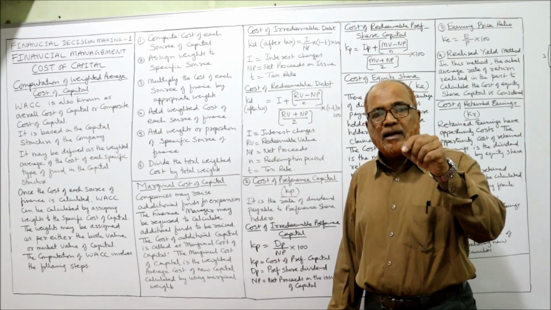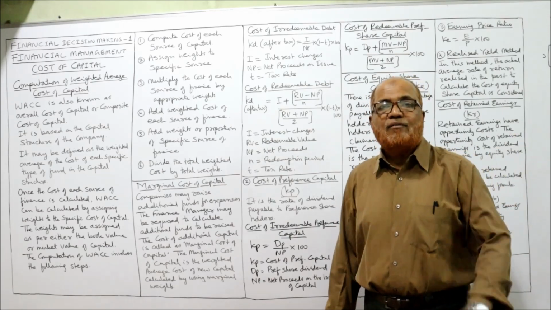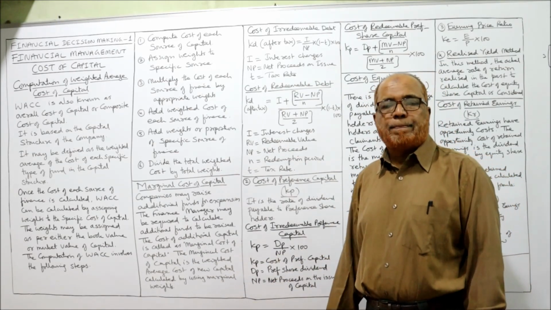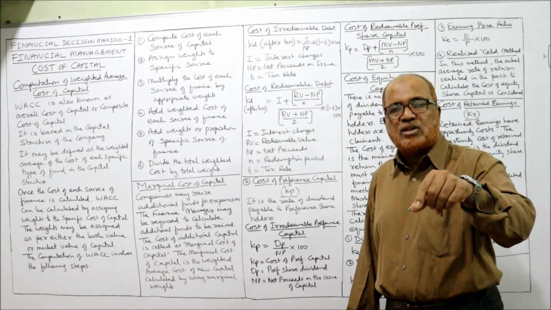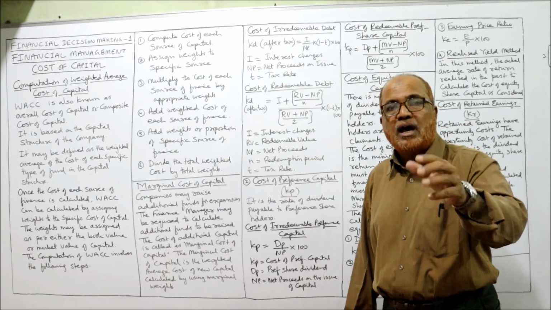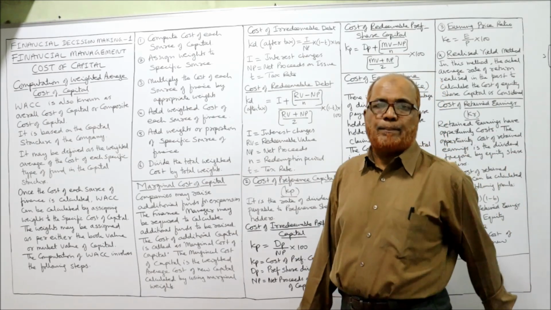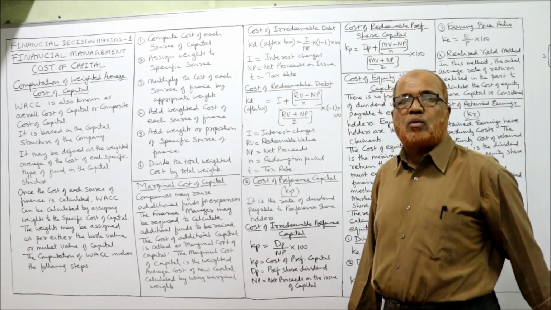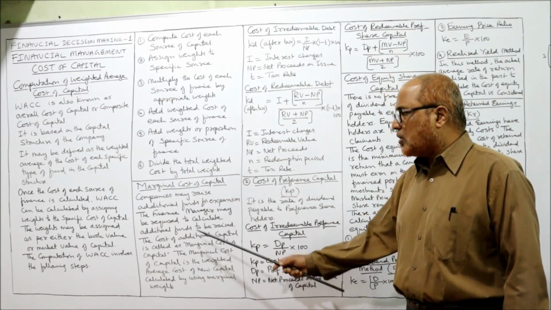Calculating the weighted average cost of capital for additional, new funds is called marginal cost of capital. So simply, marginal cost of capital is the weighted average cost of capital for additional funds which are required in future, not present funds. Additional funds required for future expansion, that is called marginal cost of finance.